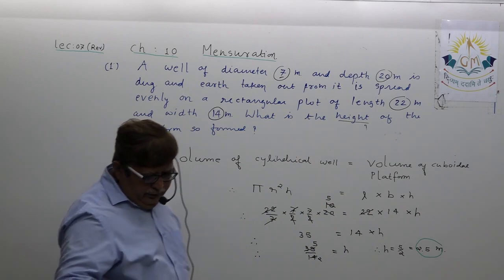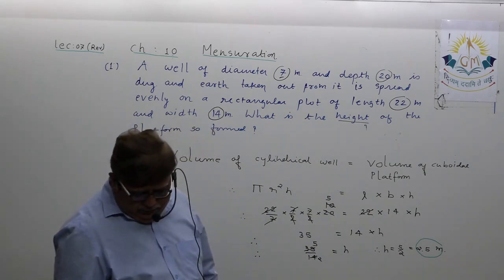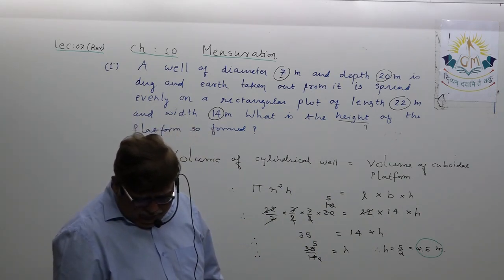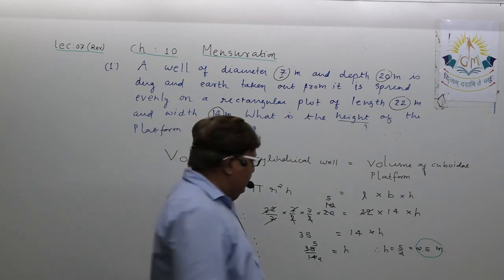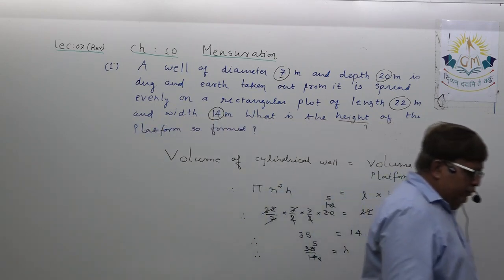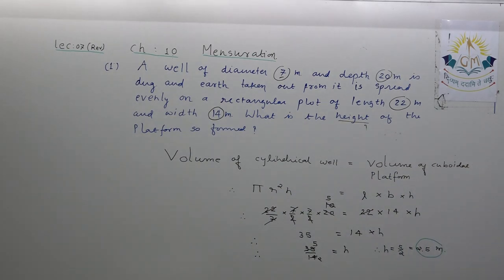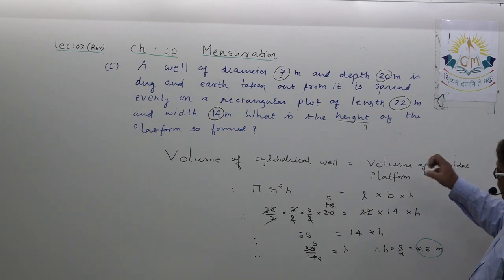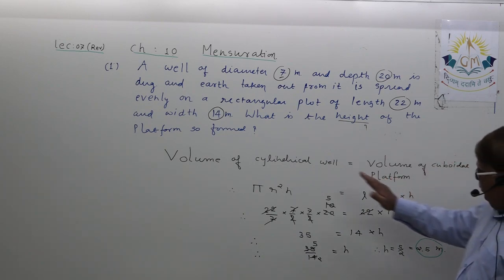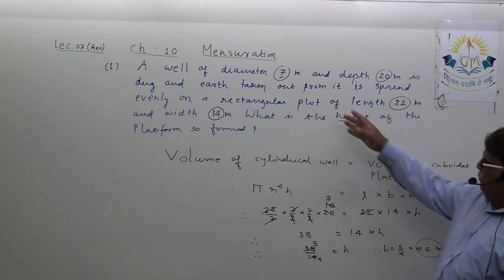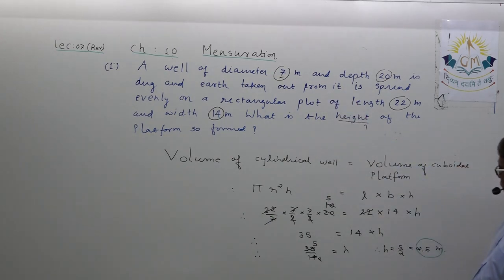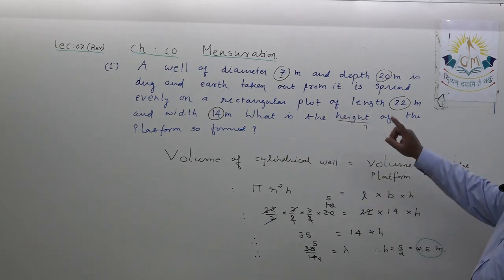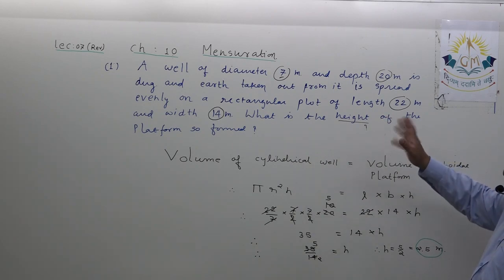This is simply the comparison of two volumes. Understood? Just see the sum. All examples which we are going to target in today's lecture are going to involve this type of example, where you first have to guess from the given data which two volumes are reshaped.